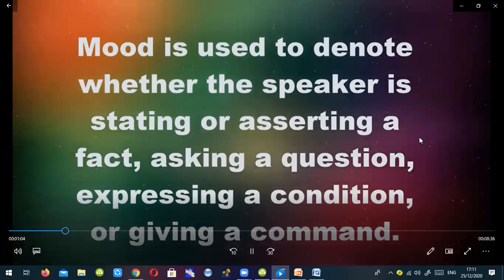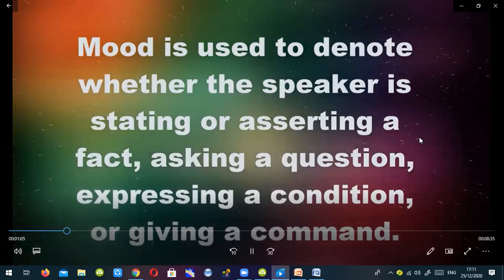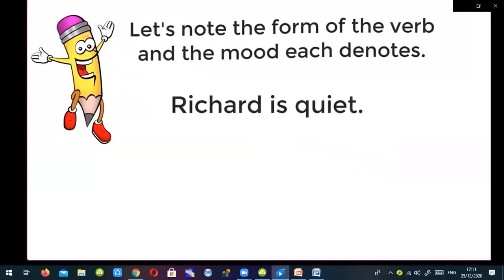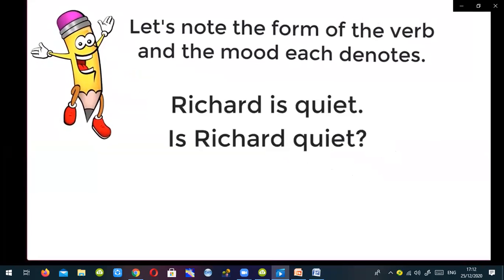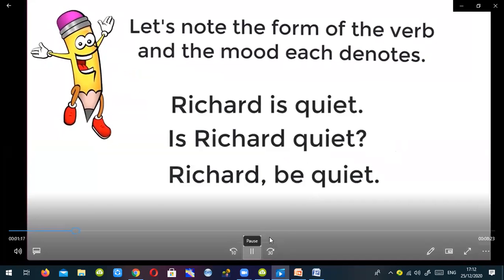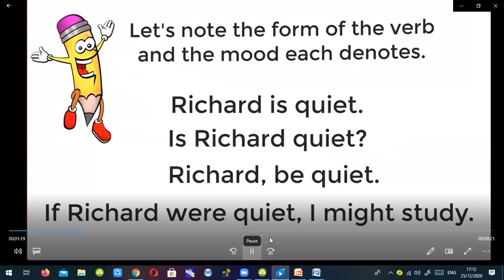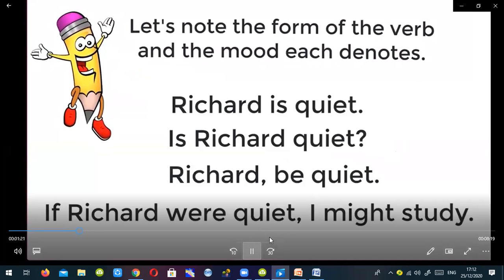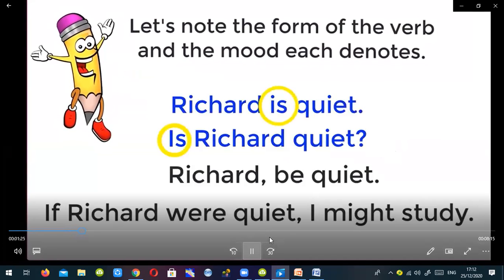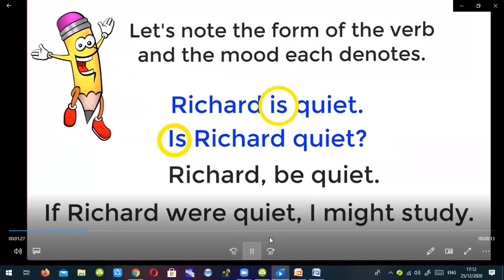Let's look at the following sentences. Note the form of the verb and the mood each denotes. Richard is quiet. Is Richard quiet? Richard, be quiet. If Richard were quiet, I might study. In the first and second sentences, the verb is used to assert or question a fact.